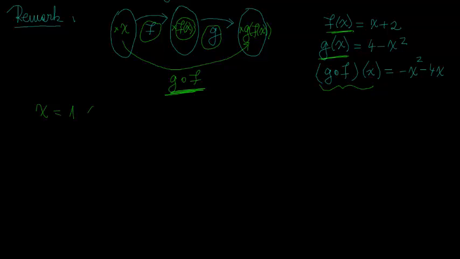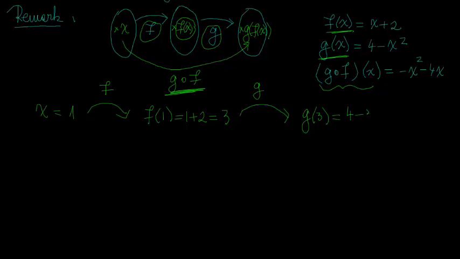Then f is going to map 1 to f of 1, which is 1 plus 2, and that's 3. Now if I pick it up at 3 and act with g on this function, then I'm going to get g of 3, which happens to be 4 minus 3 squared. That's 4 minus 9, so negative 5.